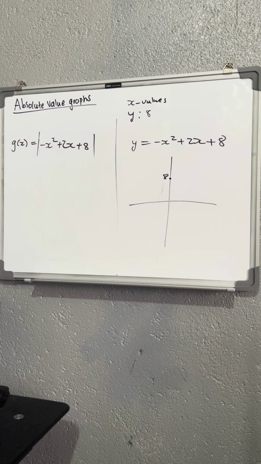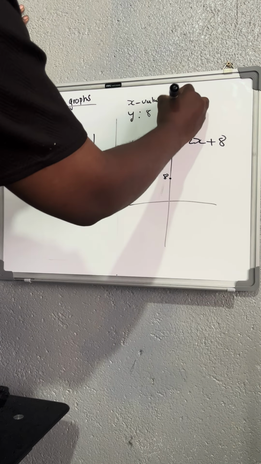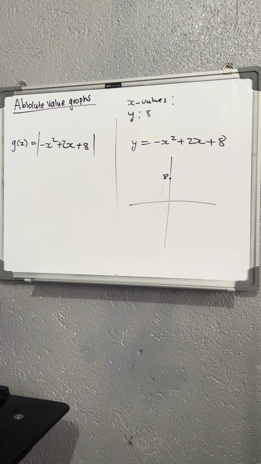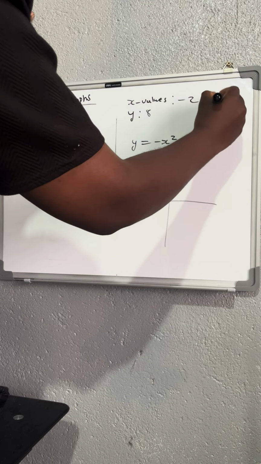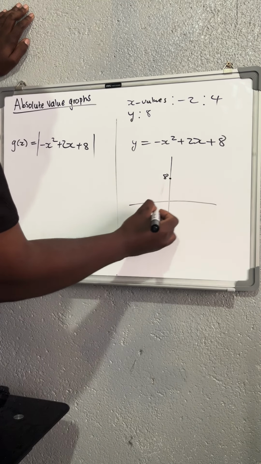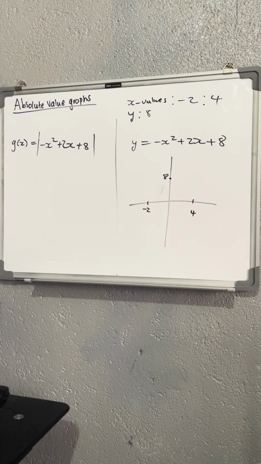Now you have to factorize and find your x values. I know you guys factorize in different ways. If you go and find the factors, you will find you have minus 2 and 4. So I'm going to write that minus 2 and 4. We're not going to waste a lot of time doing the factorizing. So how is this graph going to look?